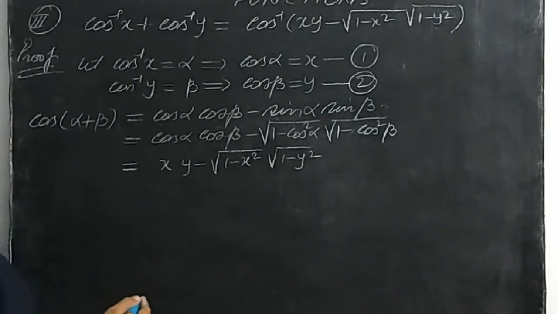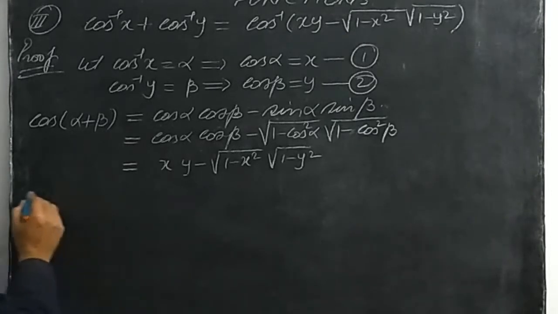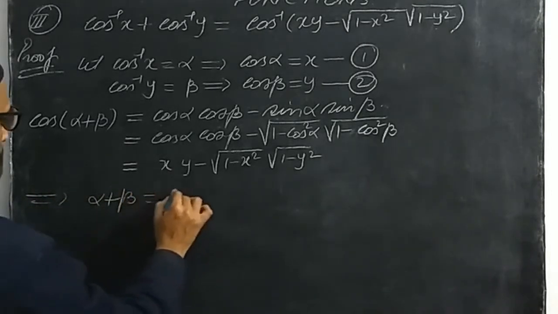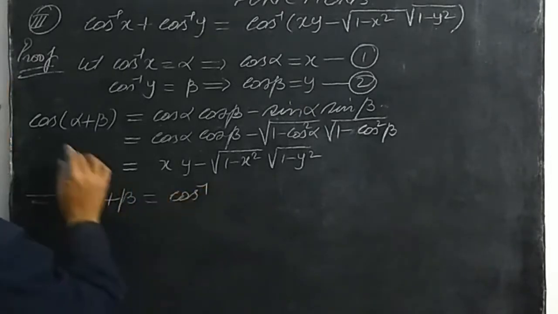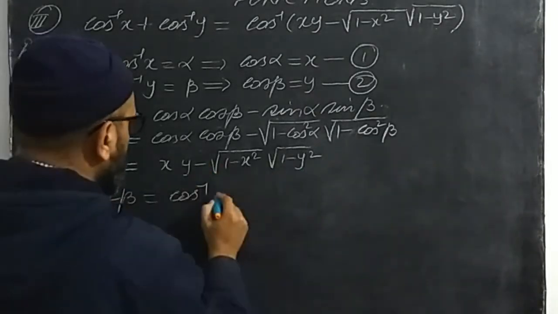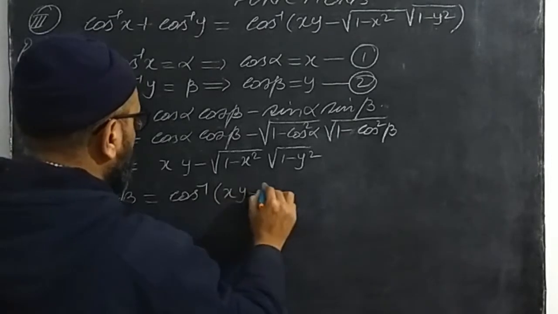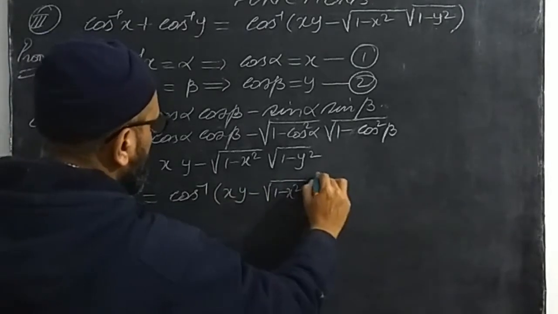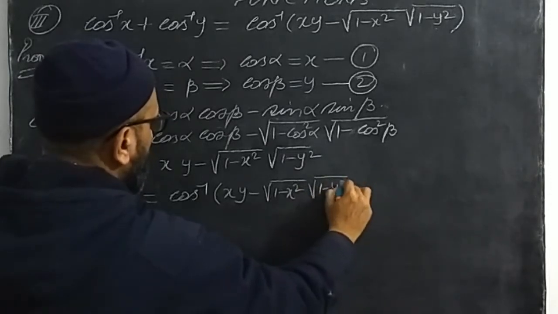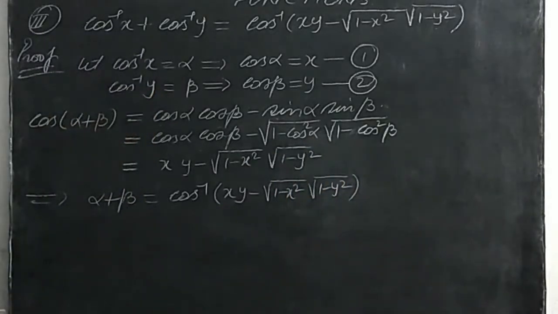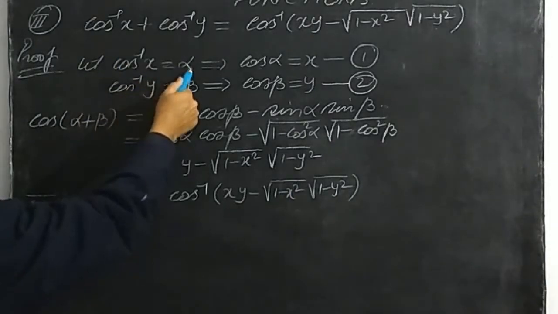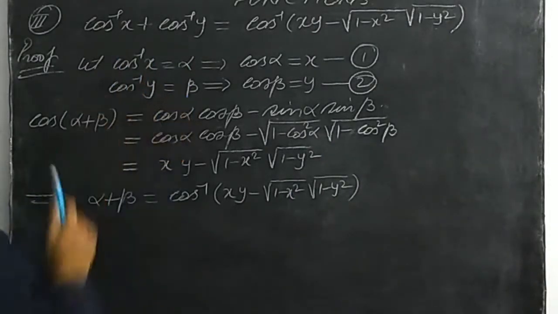So by the inverse trigonometric functions concept, it implies that alpha plus beta is equal to cos inverse of the whole right hand side, xy minus under root 1 minus x square under root 1 minus y square. Now initially we have assumed cos inverse x as alpha and cos inverse y as beta.